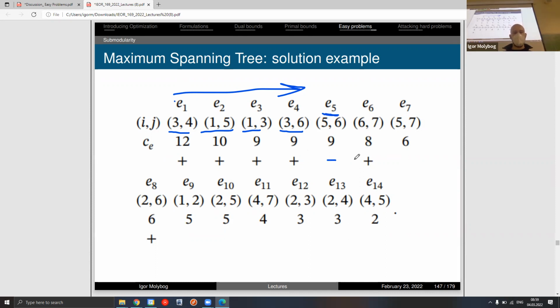And if you continue doing the same way all the way to the last edge, you will do the entire calculation in an amount of time that is proportional to the number of edges, and you will end up with the optimal solution to the maximum spanning tree problem.